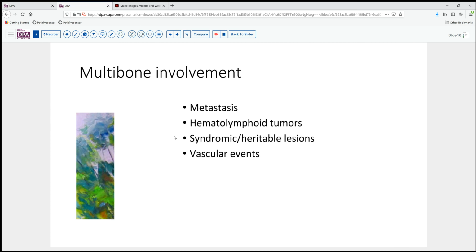We could also think about various syndromic type of lesions, Maffucci syndrome, various other possibilities, and potentially maybe we could consider vascular events leading to a shower of emboli or thromboses or something of that sort in this situation.